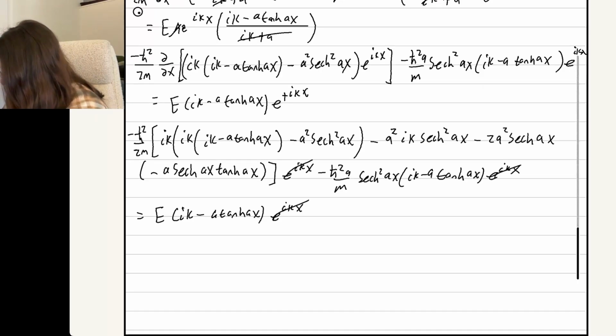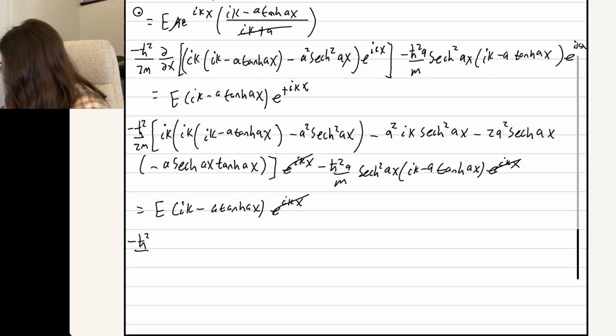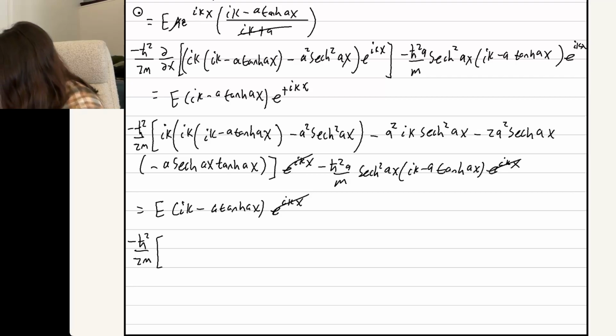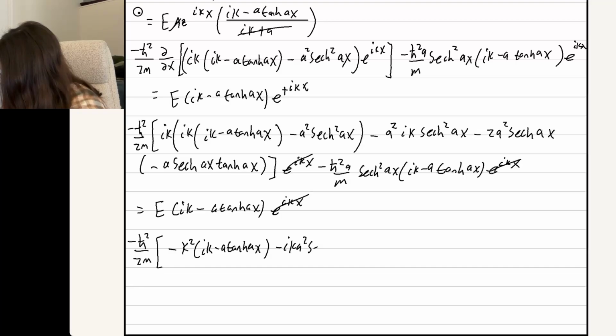So we have minus h bar squared over 2m, big brackets, minus k squared times (ik minus a tanh ax) minus ika squared sech squared ax minus another ika squared sech squared ax, so the same term as that.